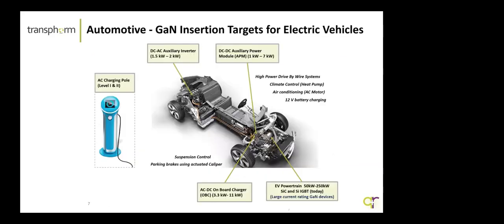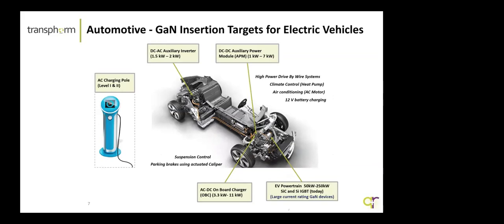So where is GaN used today? GaN today is really used in the DC to DC auxiliary inverter, or the DC to DC high voltage to low voltage batteries, for various applications within the automobile, like climate control, braking, charging the 12-volt battery, and basically drive-by-wire systems.